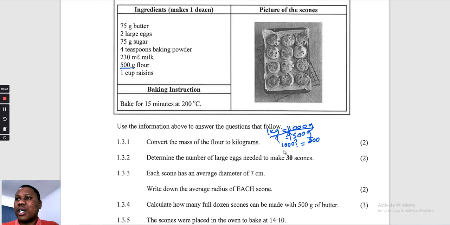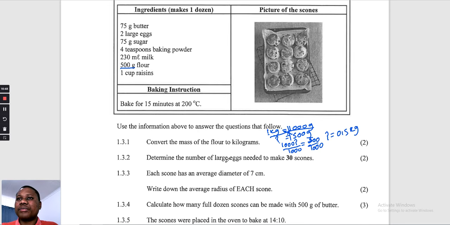So our unknown value, the question mark, we divide by 1000 here. So our question mark ends up being 0.5. The question mark was on the left-hand side, and the units on the left-hand side are kilograms, meaning that the question mark represents 0.5 kilograms.